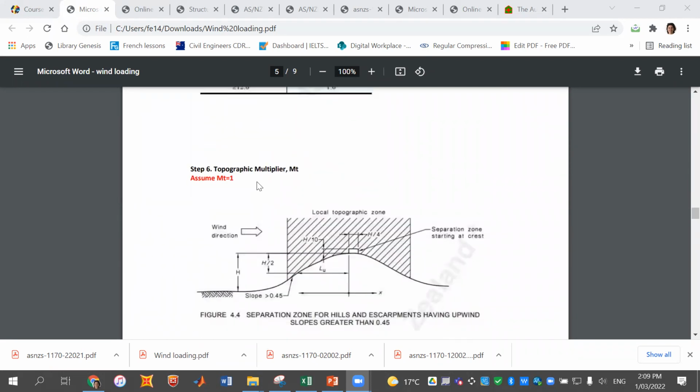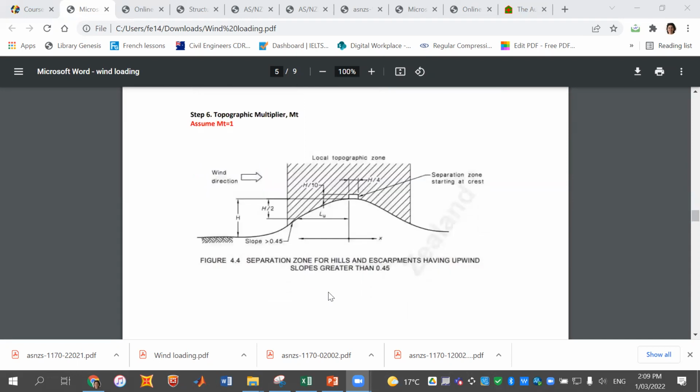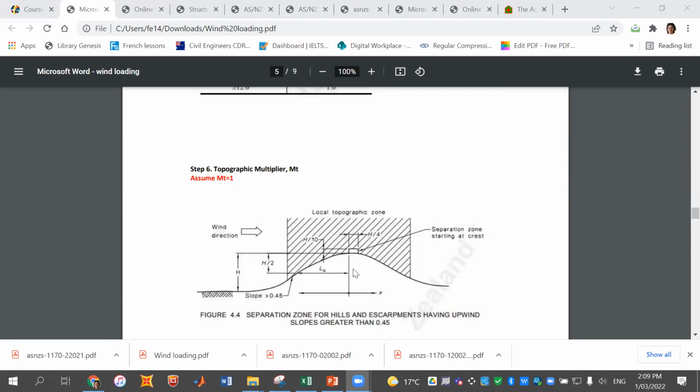The other factor is the topographic multiplier. Again, it depends on the topography around the region where you're building your structure. You can choose the topographic multiplier, but this part has some calculation and it's a bit too complicated.